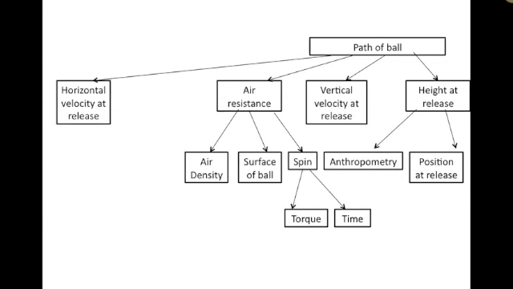The factors affecting horizontal velocity at release were discussed earlier, but the vertical velocity at release is affected by similar factors as the horizontal velocity. The average vertical force exerted on the ball and the vertical displacement on the ball during the pitching action are major key components to delivering a strike.